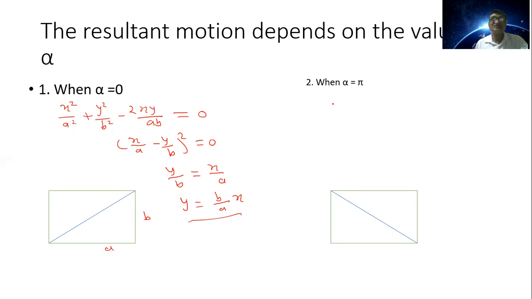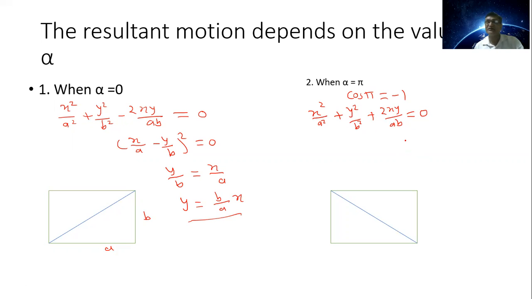And this is the equation of a straight line. It has the slope b upon a. Now, in the next case, when alpha is equal to pi, cos pi is equal to minus 1. Therefore, we get x square upon a square plus y square upon b square minus cos pi, which is minus 1, and that minus becomes plus here. So we write 2xy upon ab is equal to 0, since sin pi is 0.